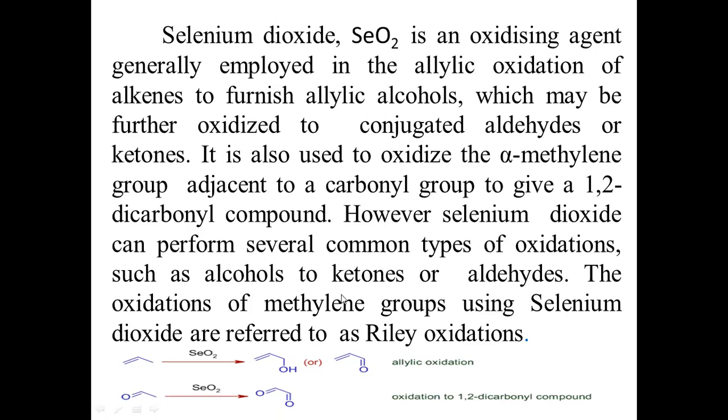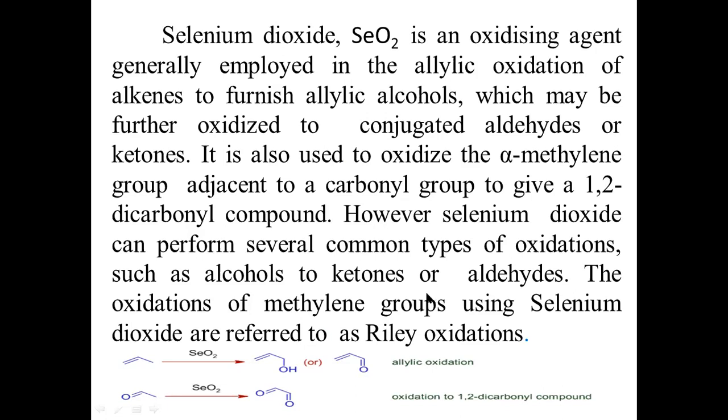Now, selenium dioxide can perform several common types of oxidation such as alcohols to ketones or aldehydes also. But here we are confining our discussion to converting alkenes or compounds which contain allylic CH and benzylic CH functions into allyl alcohols.